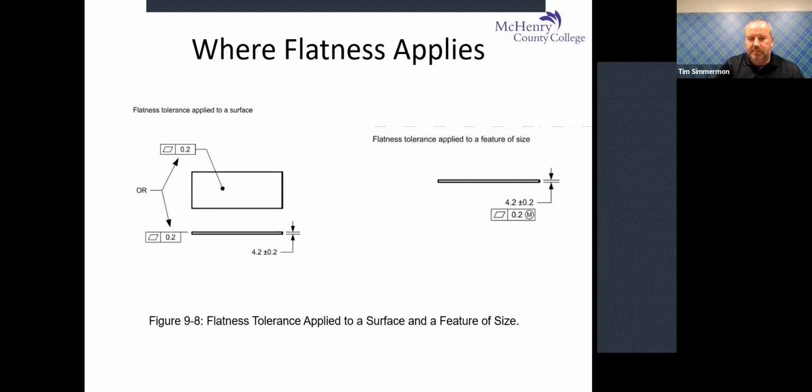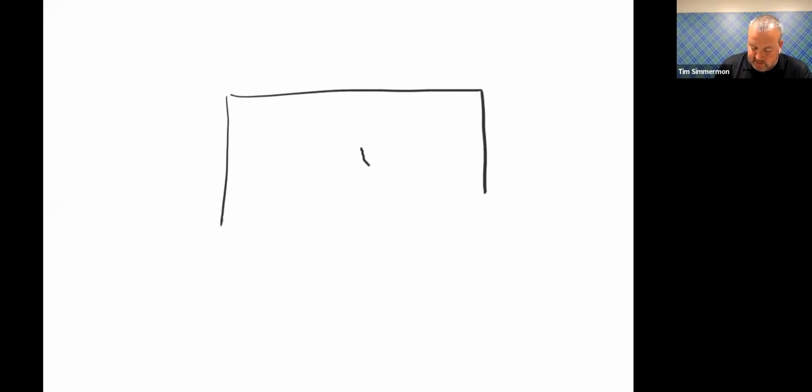So it applies to the entire feature. The only time there are times where, let me create a share for you as well here. There are instances where you can take a flatness tolerance, and let's say you've got a feature of part here, a size, same part that we're looking at.